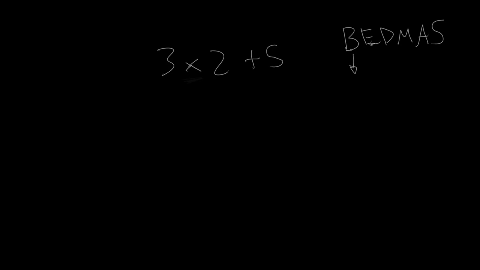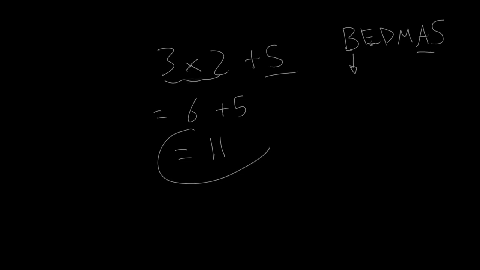So we're going to do 3 multiplied by 2, which is 6, and we're going to add 5. Why? Because after multiplication is addition. 6 plus 5 is equal to 11. So the answer is not 30, it's not 21, it is in fact 11. And of course, if you punch this equation into your calculator, you will get the same answer.